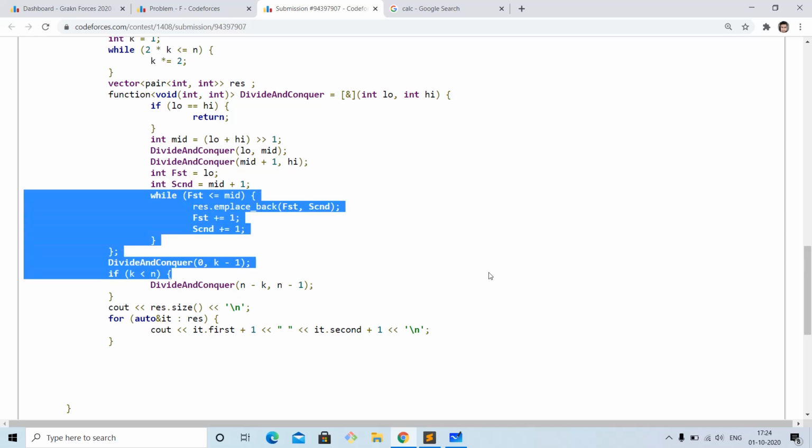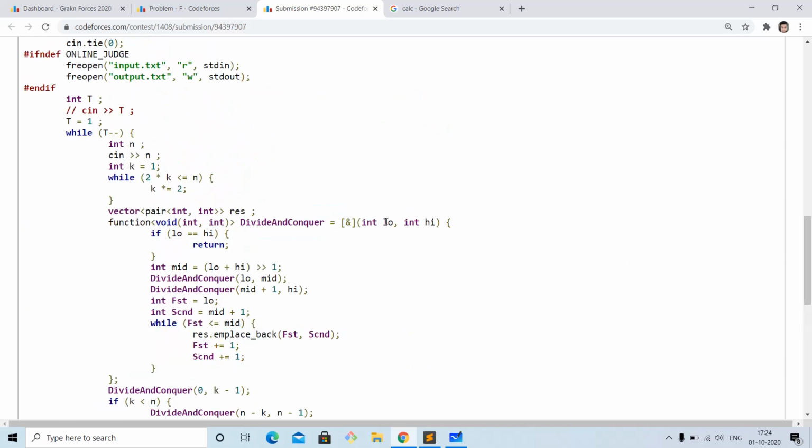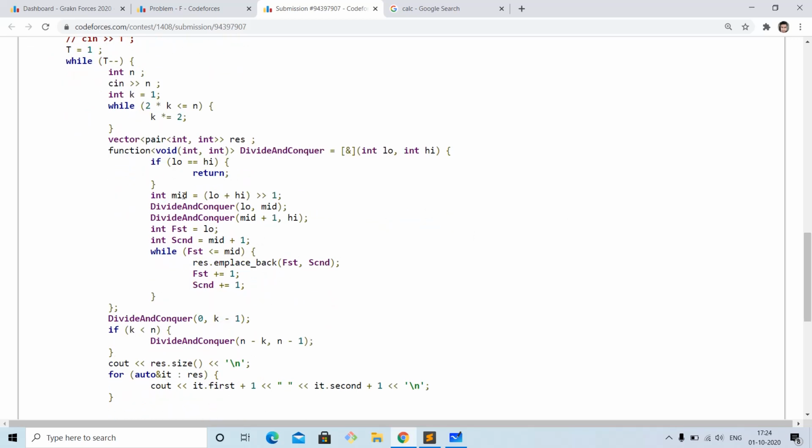In that case we apply it to the whole length, otherwise we apply it to the remaining length as well. In one length, we have our lower number and our higher number. If low and high are equal, we return. Otherwise we divide the length into half segments, and then we make the pairs: the first number of the first segment with the first number of the second segment, then the second number of the first segment with the second number of the second segment, all the way to the last number of the first segment and the last number of the second segment.